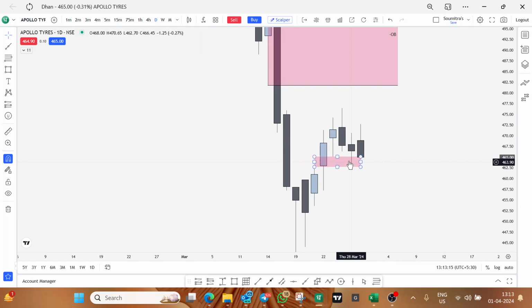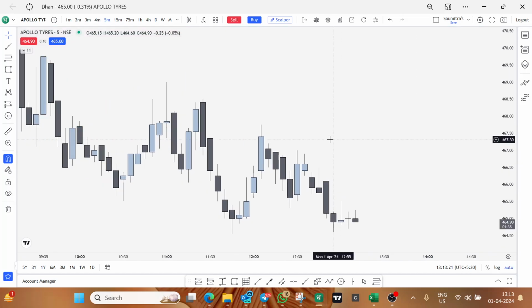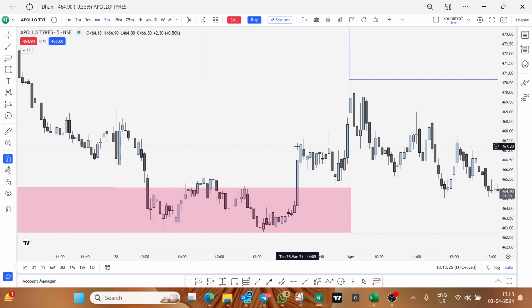This was a wick candle, right? So if you just go to the 5 minute chart, in the previous day there was a huge reaction. So in itself it was a market structure shift here.